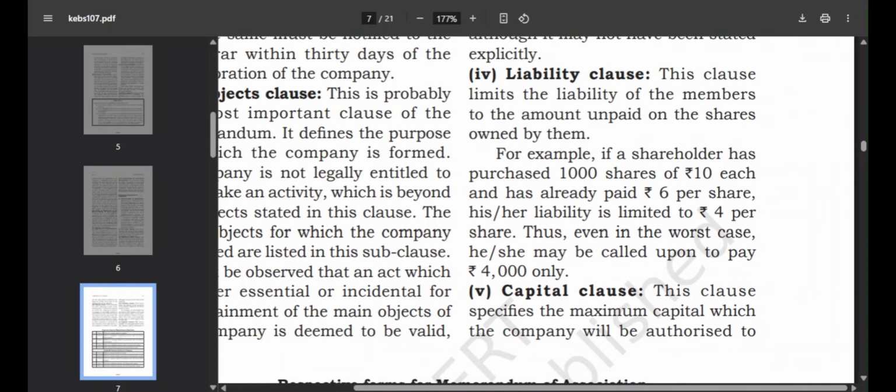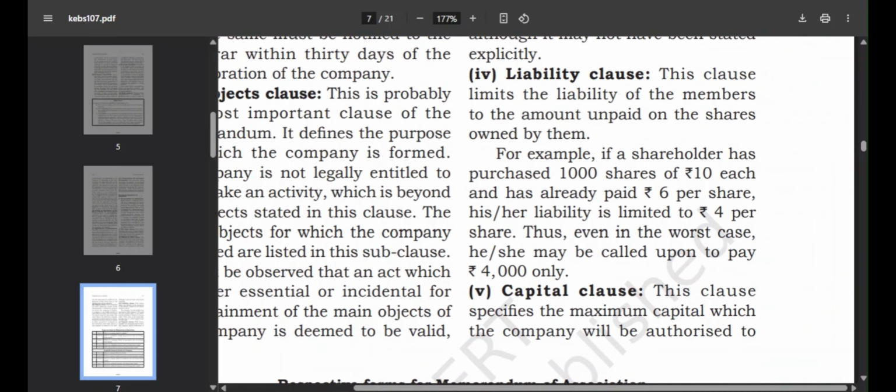Then you have your second last clause, that is your liability clause. As the name suggests, this clause limits the liability of the members to the amount unpaid on the shares owned by them. For example, if a shareholder has purchased 1,000 shares for 10 rupees each and has already paid rupees 6 per share, his or her liability is limited to rupees 4 per share.